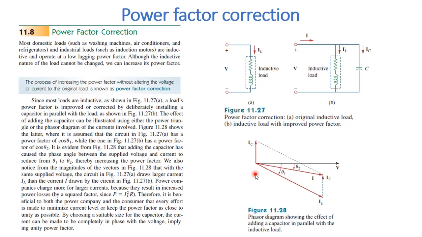It should ideally always be equal to 1, but it is practically impossible to maintain at unity.